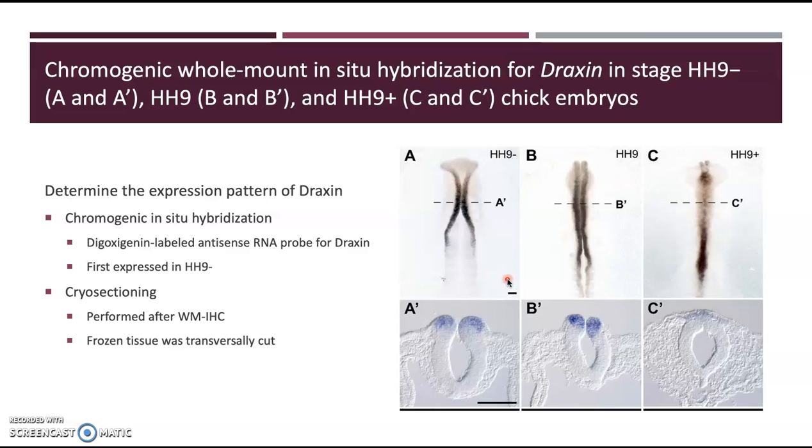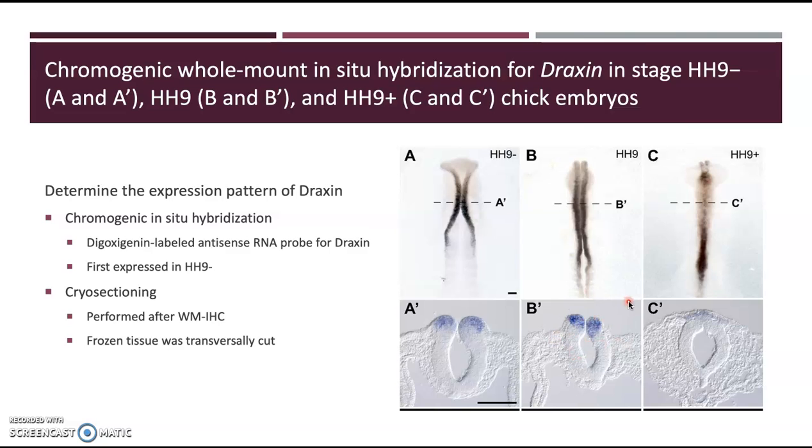And so they also perform these cryosectioning images here, where the tissue was prepped and frozen and then transversely cut, and the cuts occurred at these dotted lines here, labeled as their primes. And so in A prime, the concentration of Draxin is shown in this light blue color, and it's at the tip of the neuronal tube.